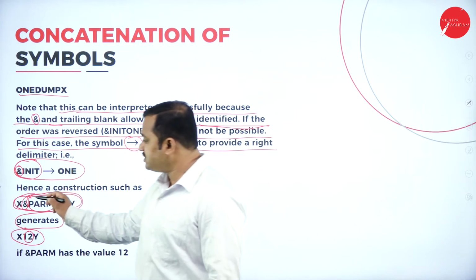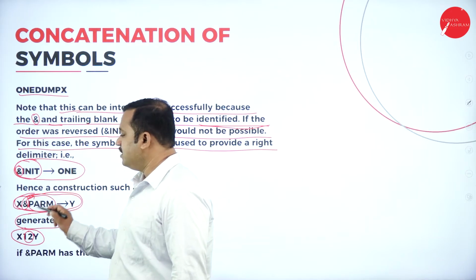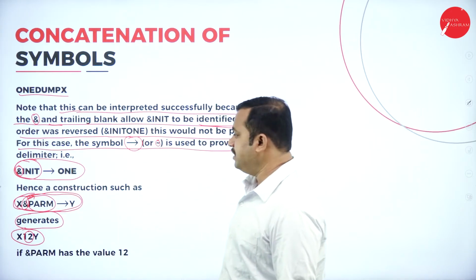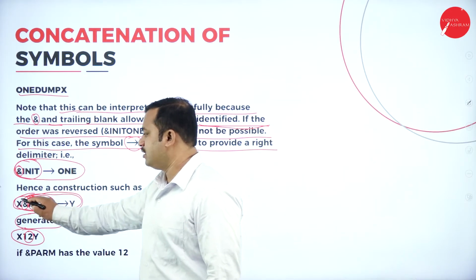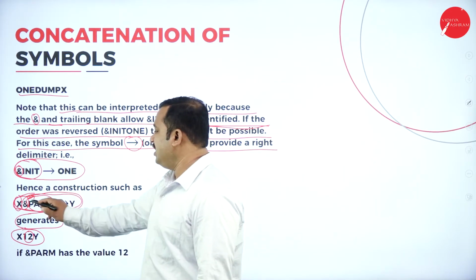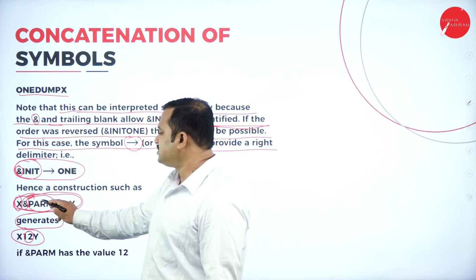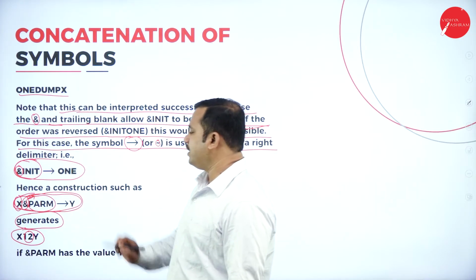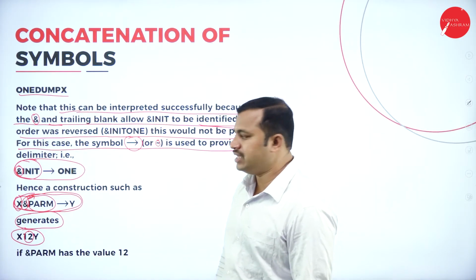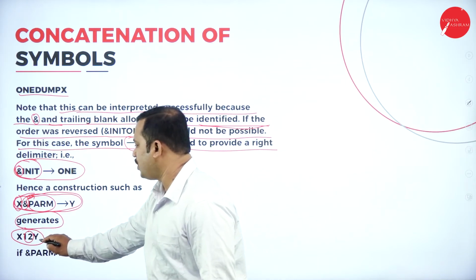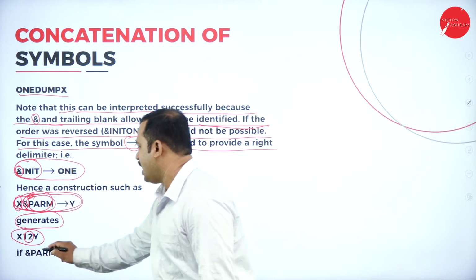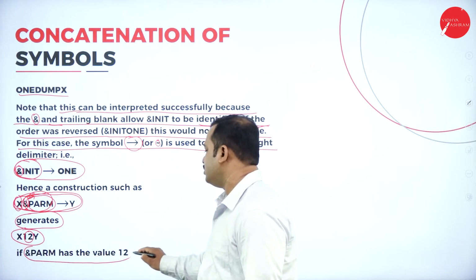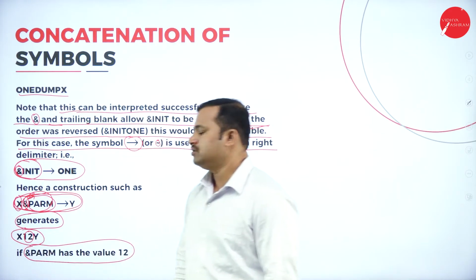The ampersand symbol indicates that it is a set variable. That means it is going to set some value. For which one? X. We have x&param tending to y, which generates that x tends to y. Then what does the param indicate here? &param has the value 12.